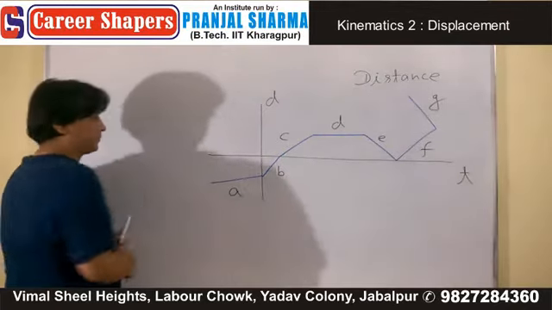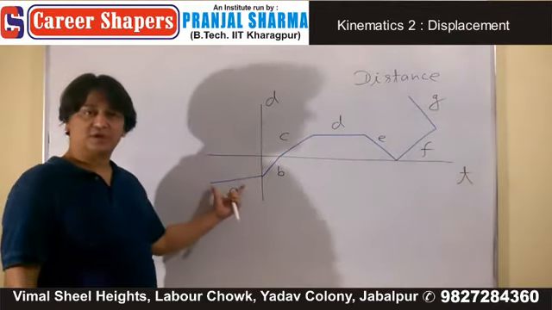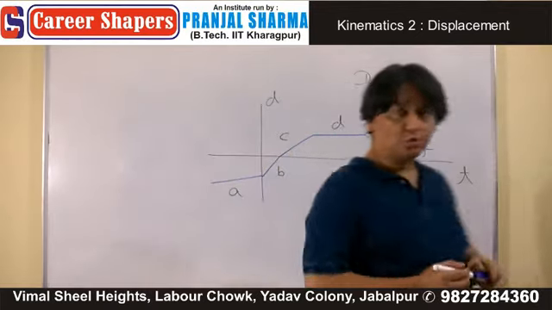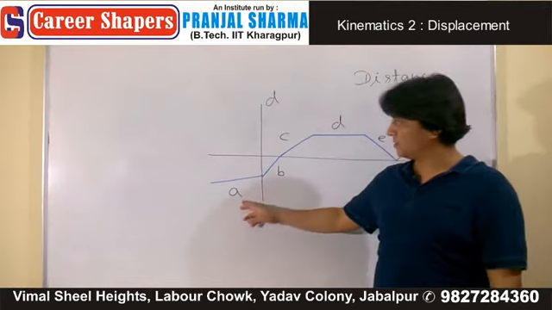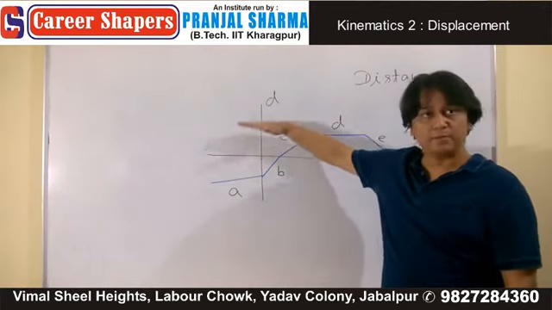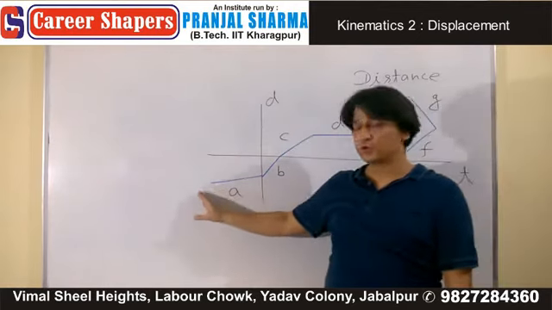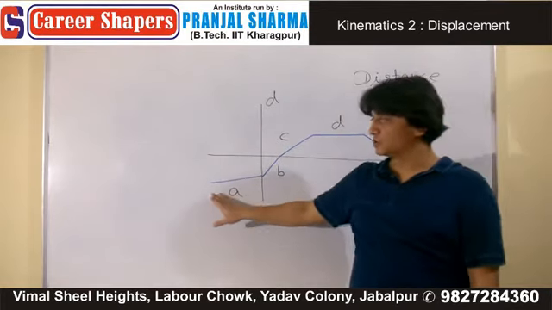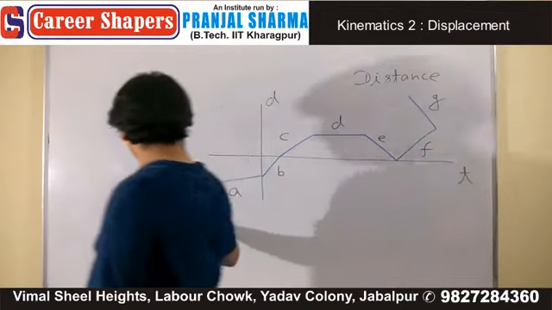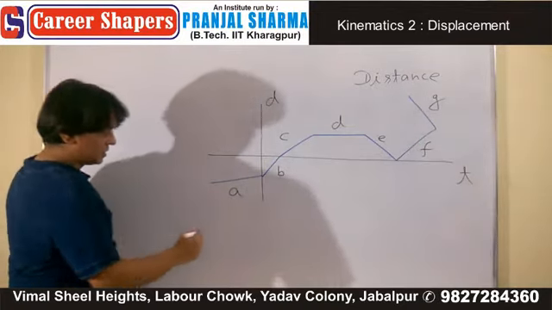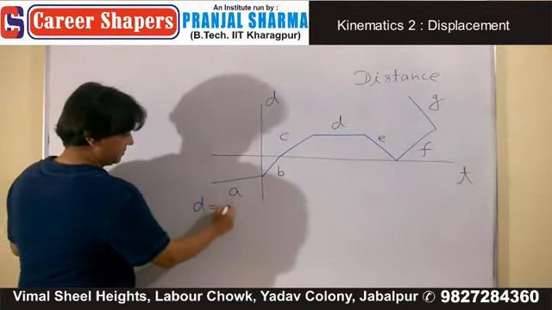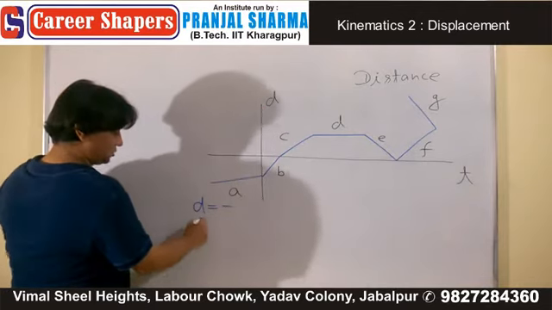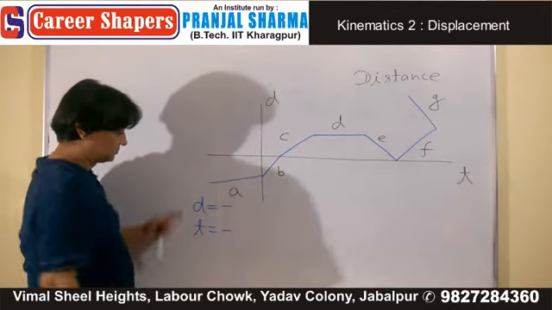Look here. Look at this first part A. There are two things which are wrong with this part. If you are in the fourth quadrant, first, second, third, fourth, in this quadrant, D is negative, distance is negative graph-wise, and also time is negative.